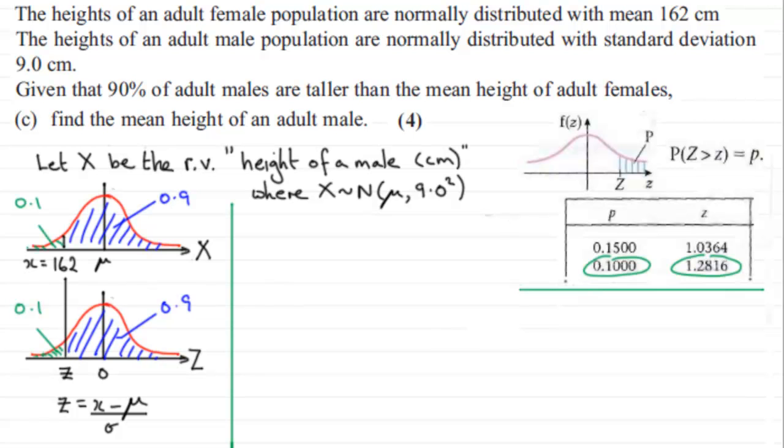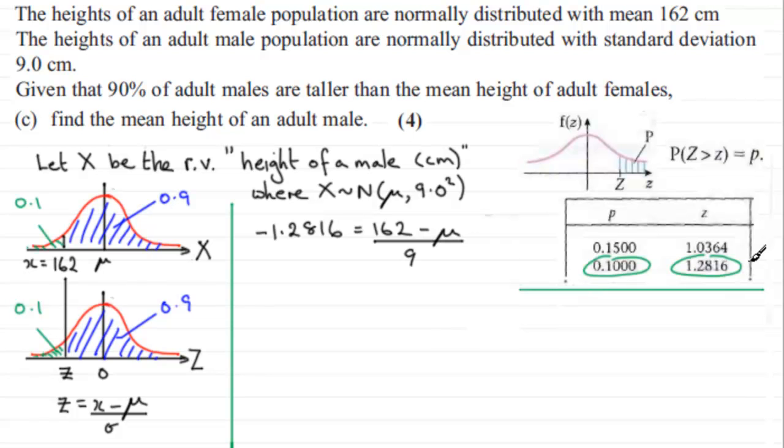So we could say then that this z value here is minus 1.2816, and that equals the observed value 162 minus the mean, which we're trying to find out, divided by the standard deviation, which is 9.